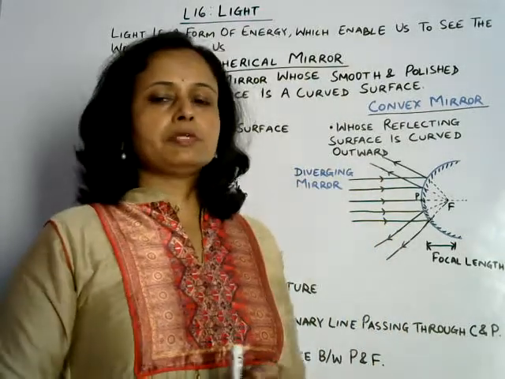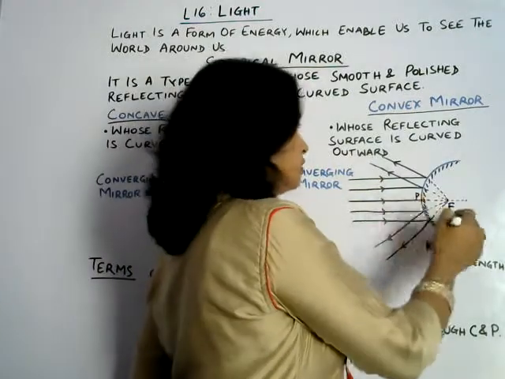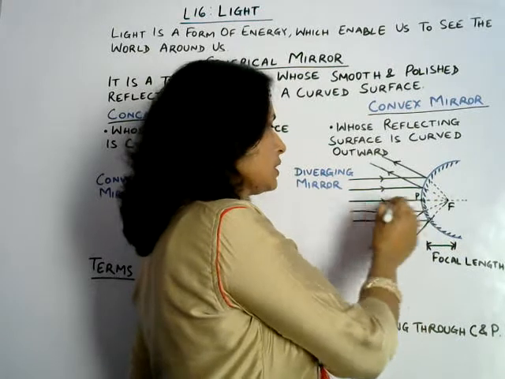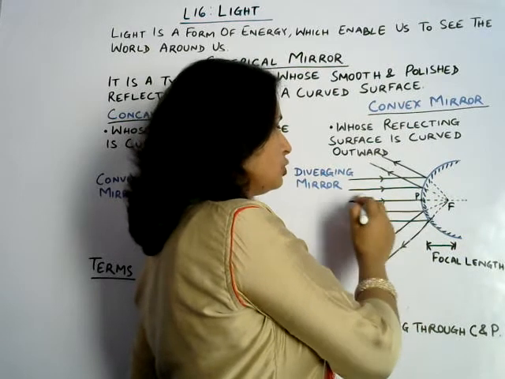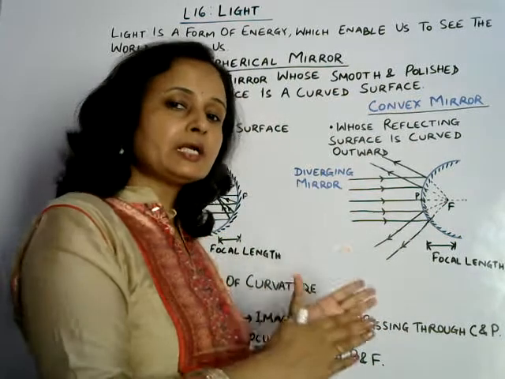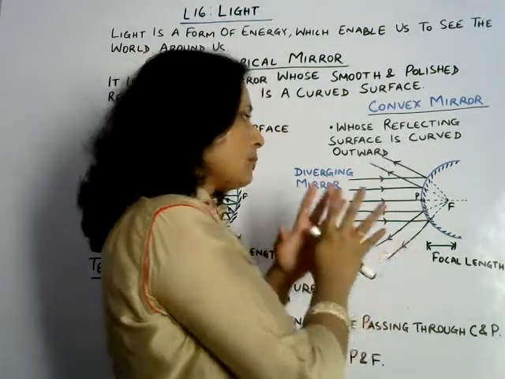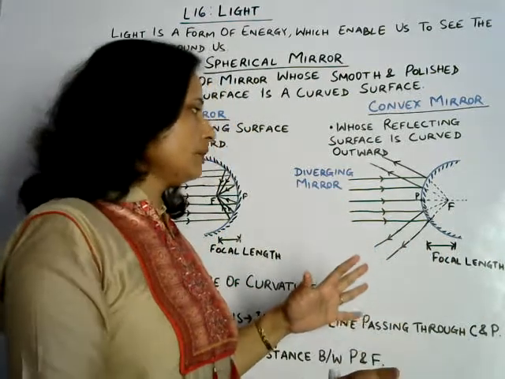In the convex mirror, the light rays which fall on its smooth surface parallel to the principal axis also get reflected back. But in this mirror, the light rays bounce back in a different way.